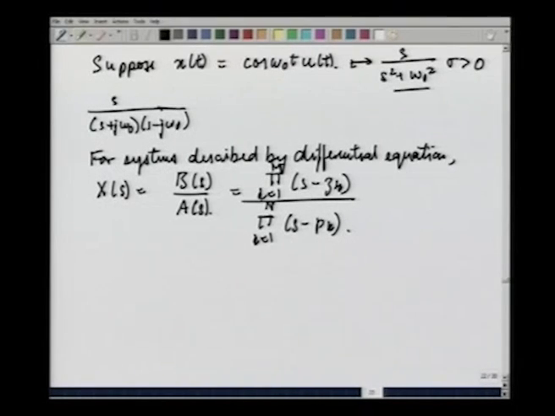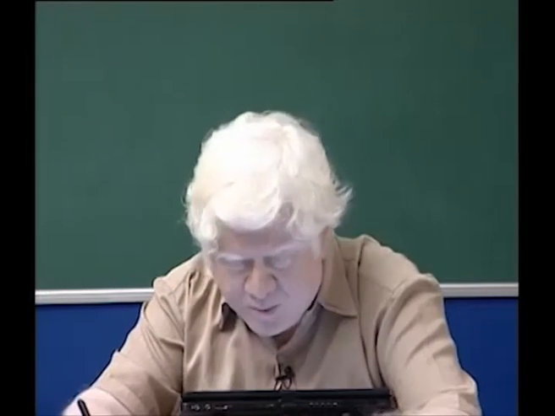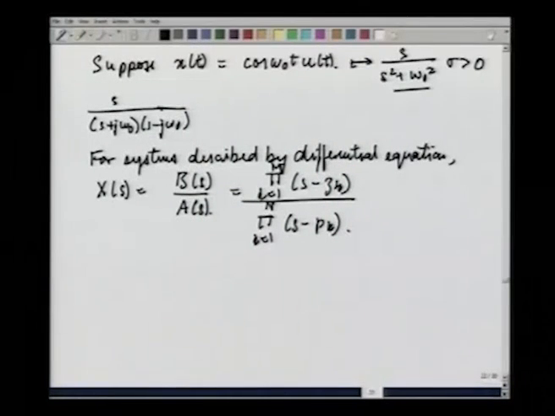Now, just as with the Fourier transform, let us see what happens if s takes on values pk or zk. It goes without saying that both pk's and zk's are either real, because the coefficients of the differential equation will be real, or the pk's and zk's will be found in complex conjugate pairs. This is a discussion we have had already in different contexts, and the same arguments hold here.